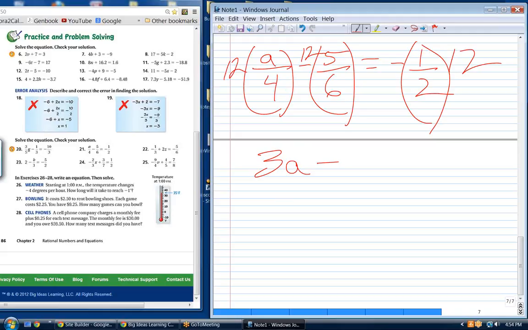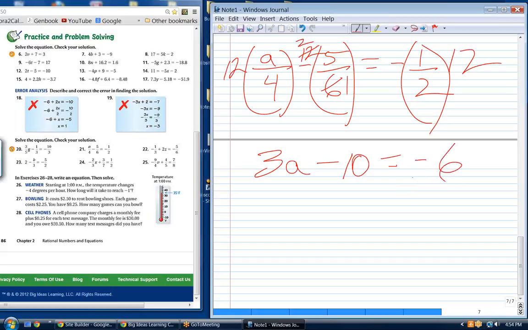This is 12 times 5 over 6. 10 over 6, I believe. Right? Close. In other words, you cross that out. Oh, 10 over 1. So 10. Okay. And then 6, negative 6.